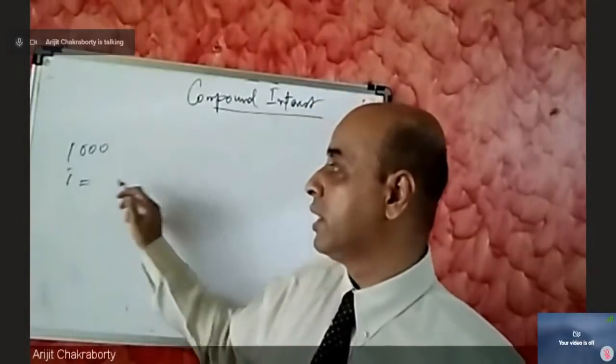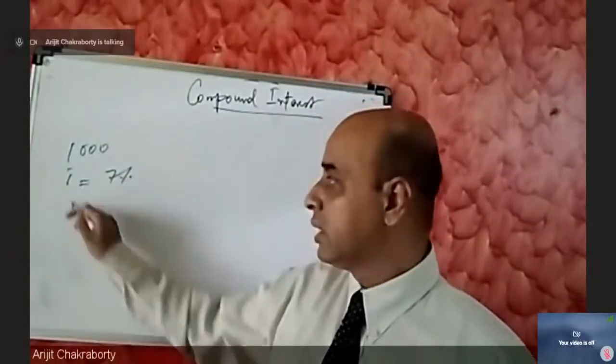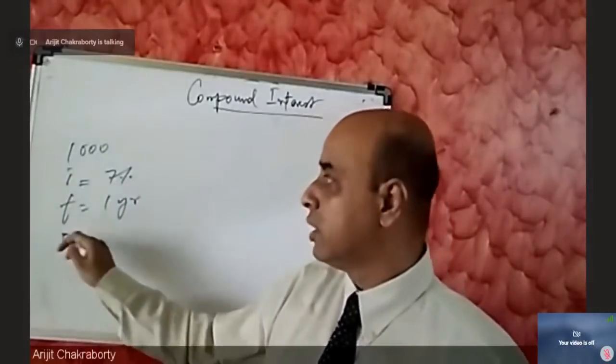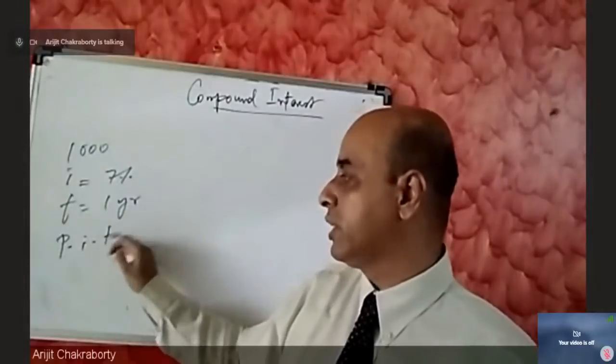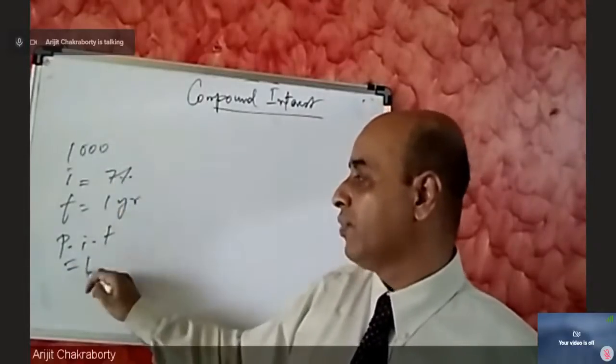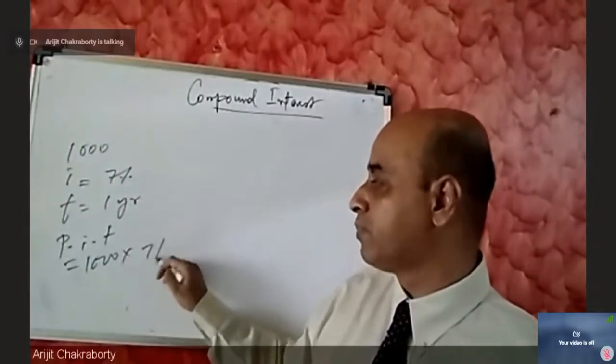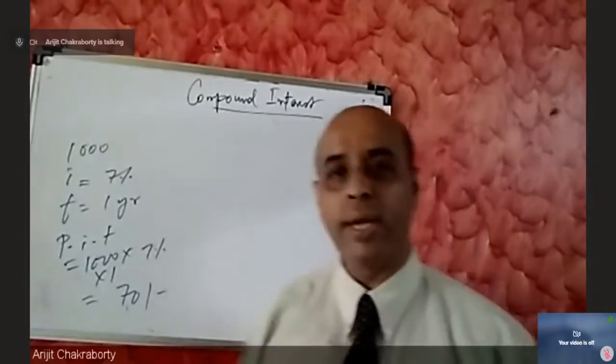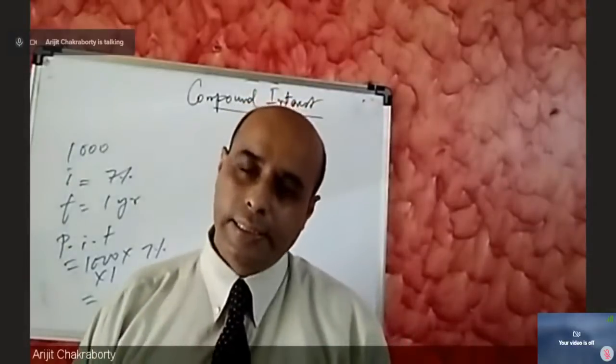Interest rate is 7%. Time is 1 year. So I earn how much? P into I into T, that is 1,000 into 7% into 1, that is 70 rupees. This is my interest. Fine.